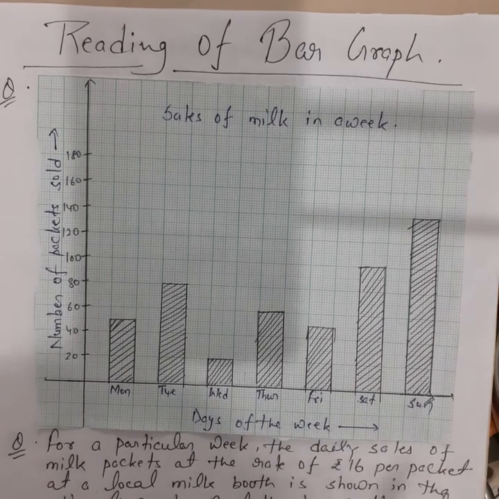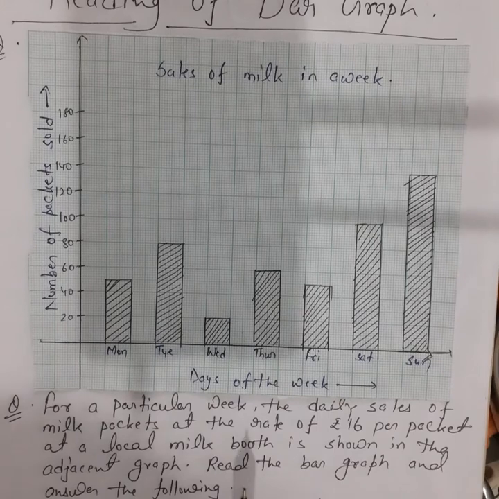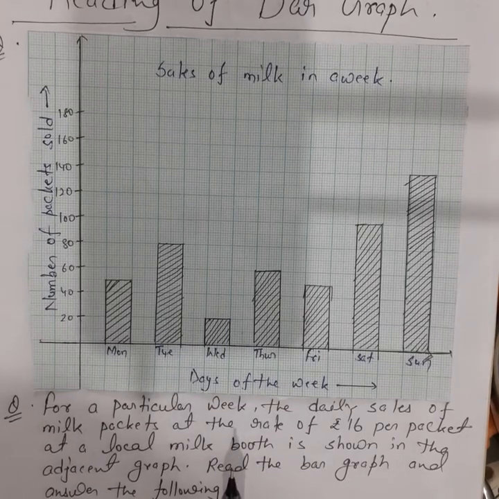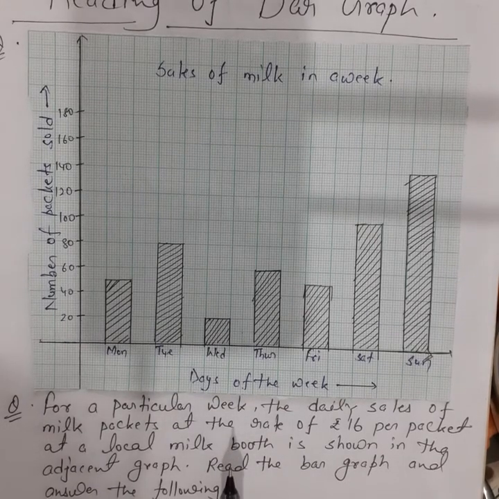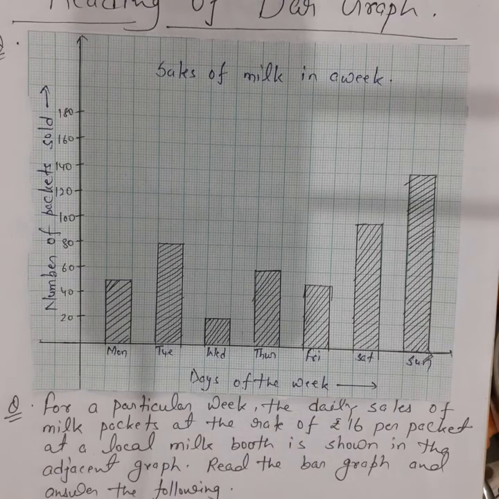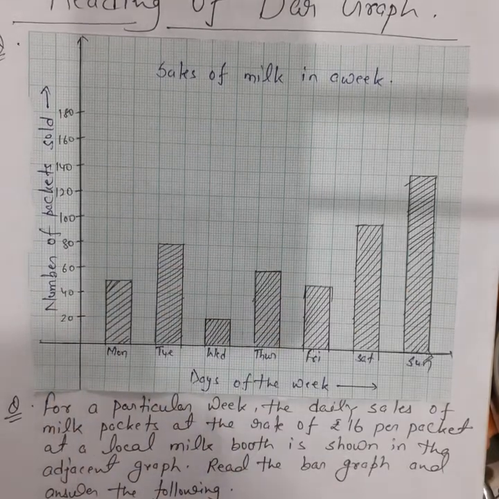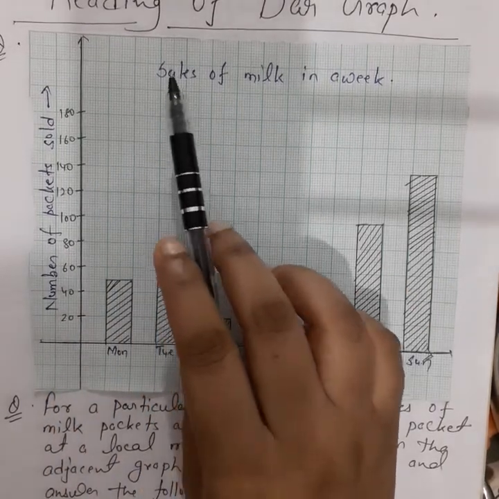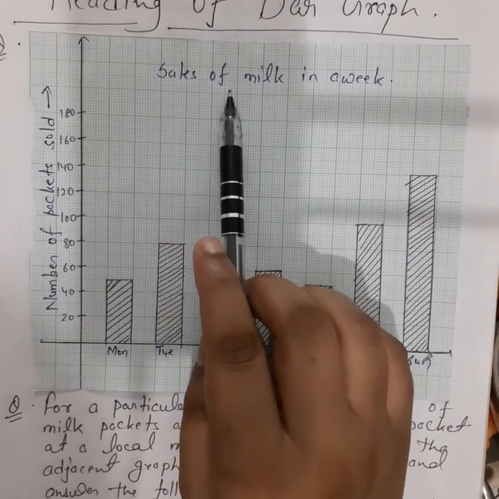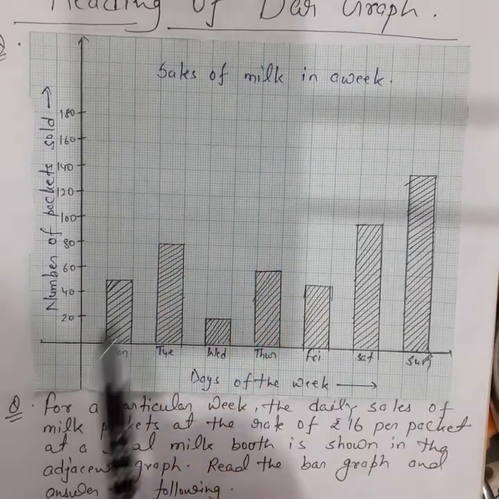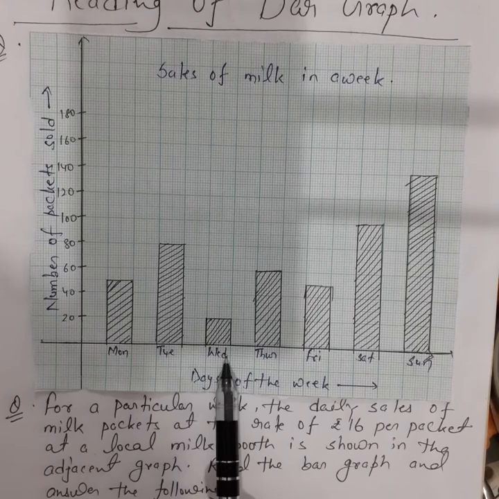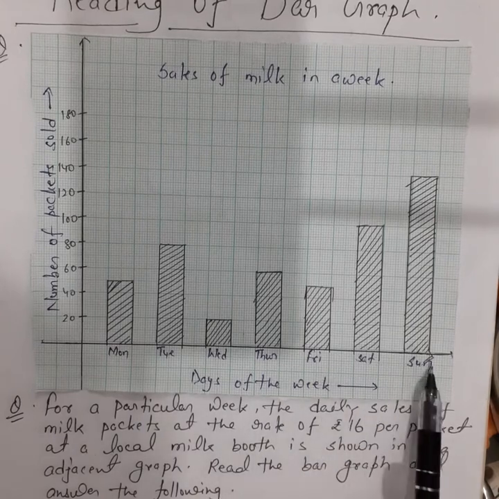Here we have one bar graph and we have to answer the following questions based on this bar graph. The bar graph represents sales of milk in a week: Monday, Tuesday, Wednesday, Thursday, Friday, Saturday, Sunday.